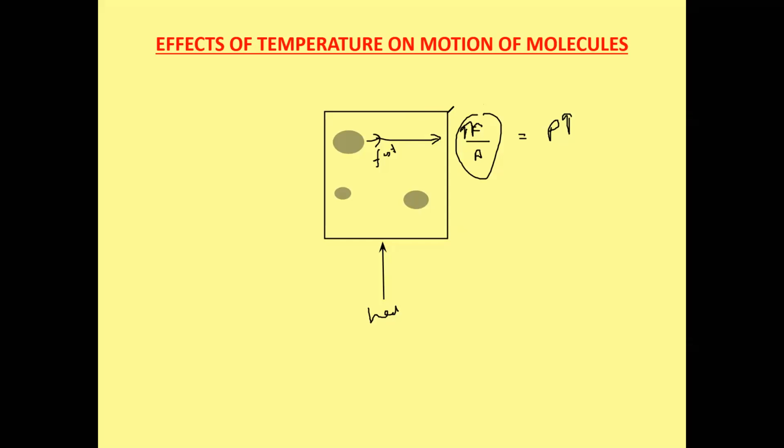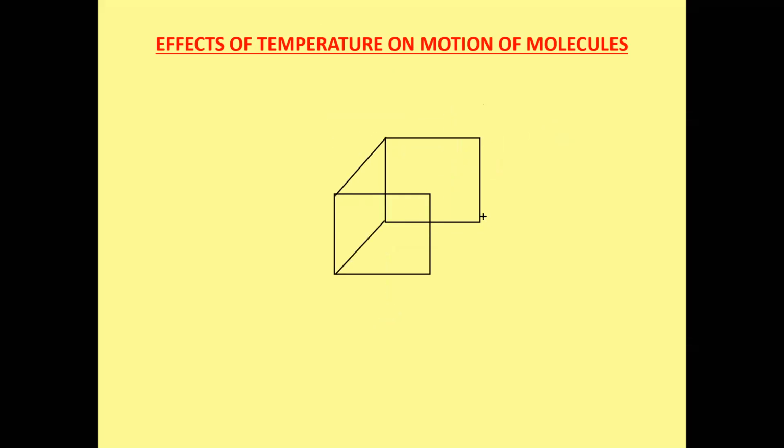This is the area of the container. It's 3D. If you have a container, and inside this container you have gas molecules, when you increase the temperature, when you supply the heat energy, for example, in the beginning only one molecule was hitting the wall.